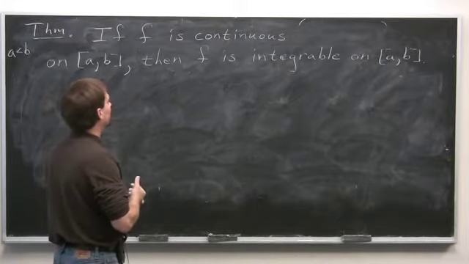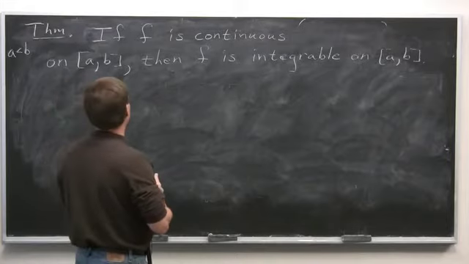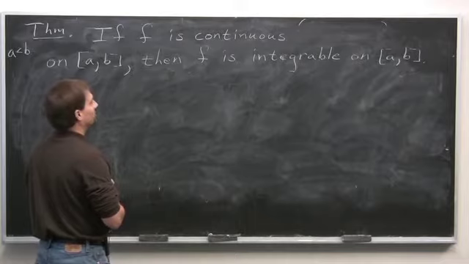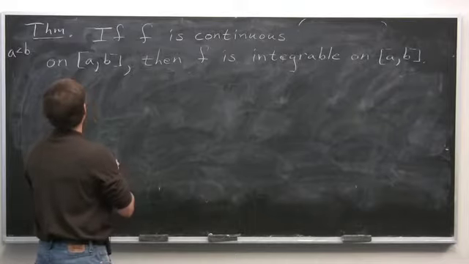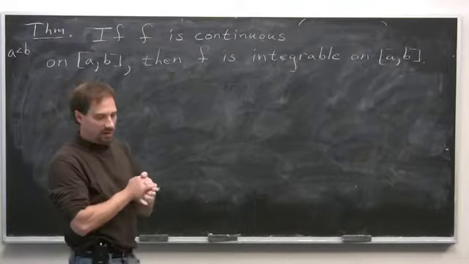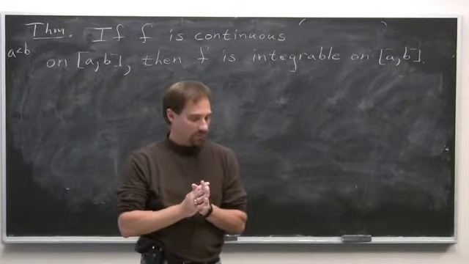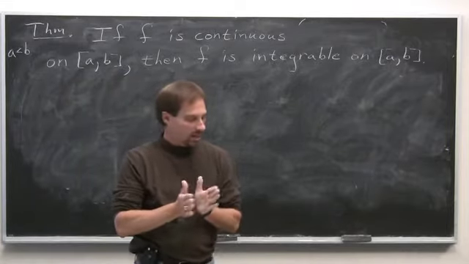Well, actually, I need to say more words. That would be as long as f is bounded. So we'll leave that more general discussion for later. But this is the big fundamental case, that continuous functions are integrable on closed intervals.